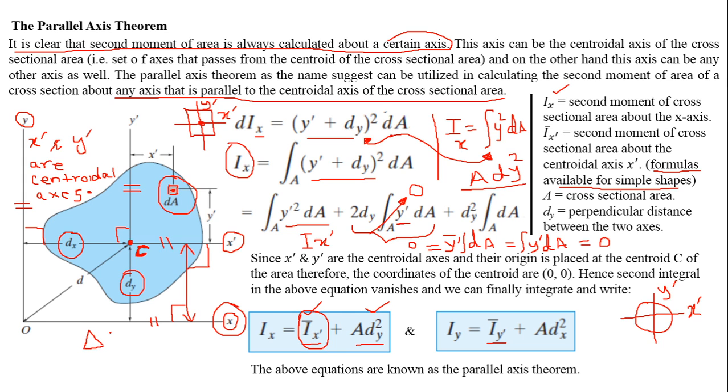So for these kinds of simple shapes, you always have a formula available, and that formula you can directly use in place of these two symbols here. And A is the cross-sectional area, dy is the perpendicular distance between the two axes. So this is the parallel axis theorem, a very important expression, and we're going to use it in solving problems.